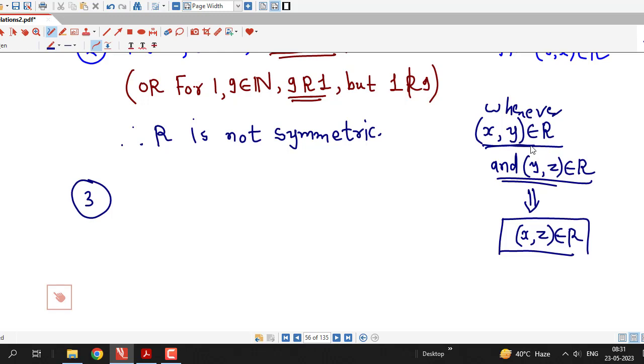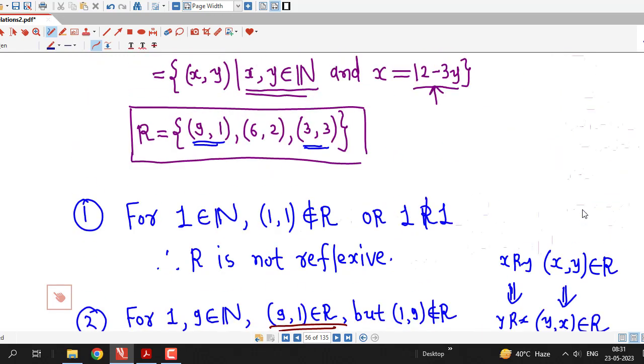So what is the characteristic of this property? The second component of this ordered pair is the first component of this ordered pair. So if we can find this type of ordered pairs in a relation, then we must check this one. But here you can see, if I start with the first element (9, 1), then the second component is 1, and we can see in these two ordered pairs the second component is not 1.